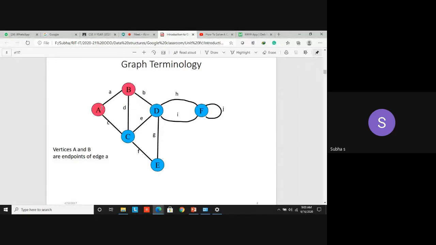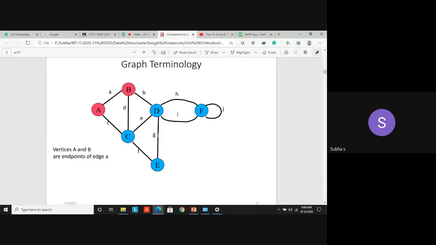Here A and B are the vertices. How are they connected? A and B are endpoints of which edge? Of edge a. Endpoints means the vertices which are connected through that edge. Now can anyone tell what the endpoints of edge g are?